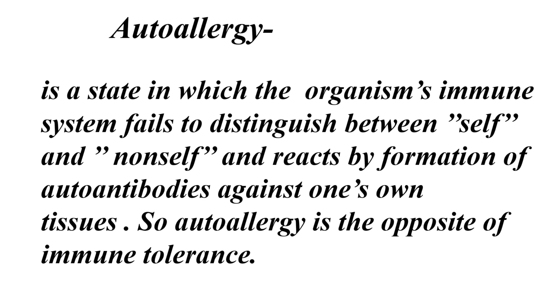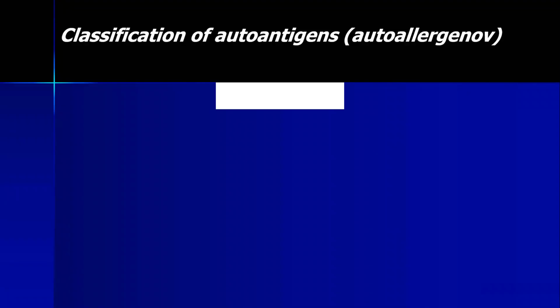Autoallergy is a state in which the organism's immune system fails to distinguish between self and non-self and reacts by formation of antibodies against one's own tissue. So autoallergy is the opposite of immune tolerance.